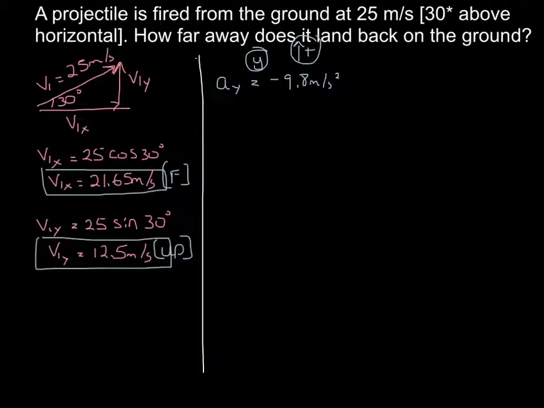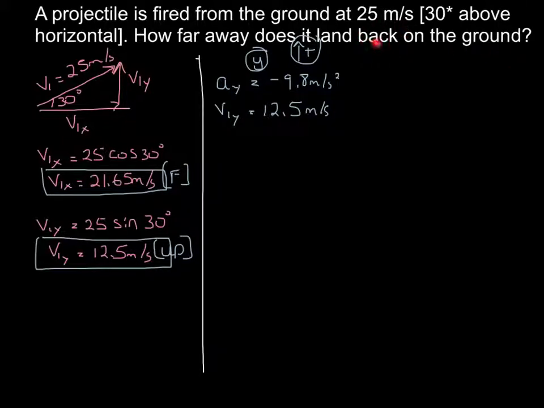We also know v1y, we just found that out: 12.5 meters per second. I'm going to keep that as positive because it's up, and up is our positive direction. There's one more thing that we know. It tells us that this projectile is fired from the ground, and that it lands here. It lands back on the ground.